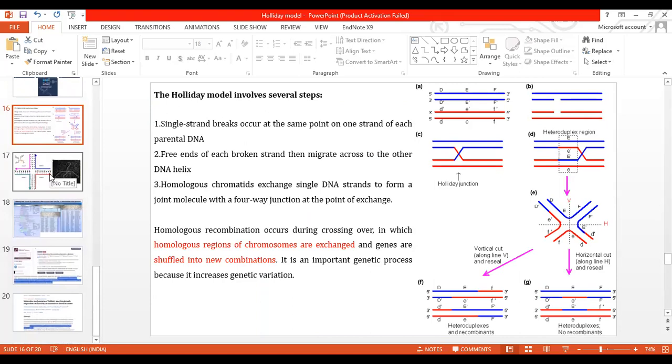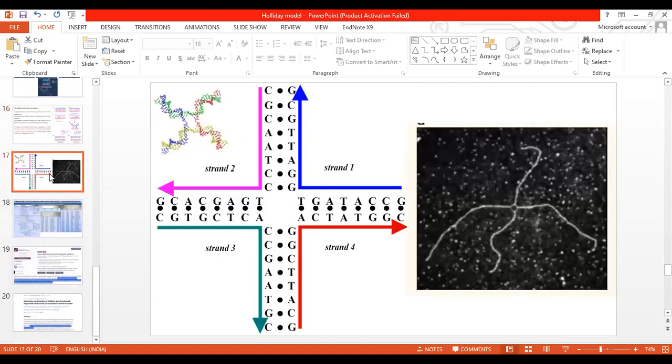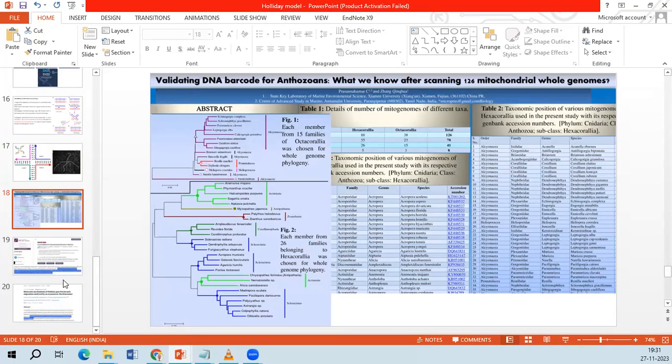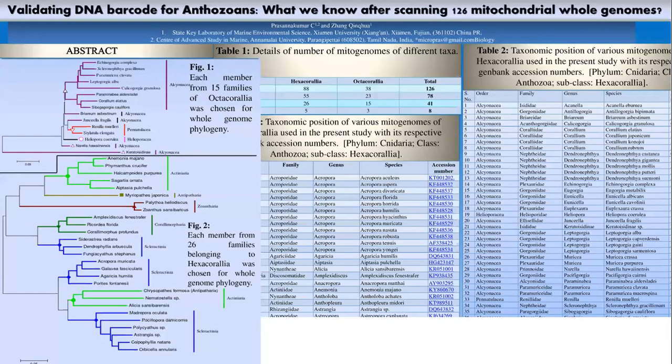Of course, these events many times have resulted in shuffling the genes, thereby changing the gene order. I myself have an experience while trying to validate DNA barcoding, where, when I was working with the coral sequences, mitogenomes of corals, I have seen that the gene order plays a vital role.